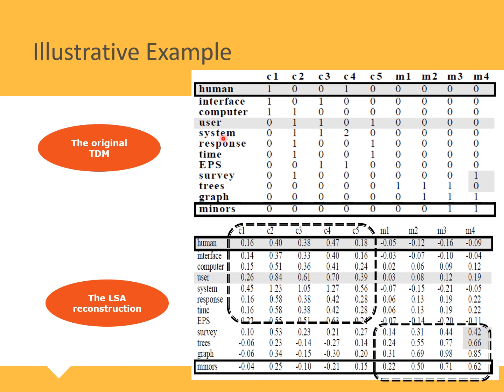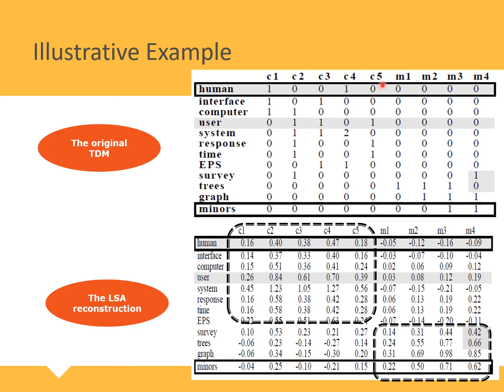So your algorithm or your text representation should not rely on only a fixed set of words as a representative for a certain domain. It should generalize across a wide class of words, and that is what LSA helps us achieve.